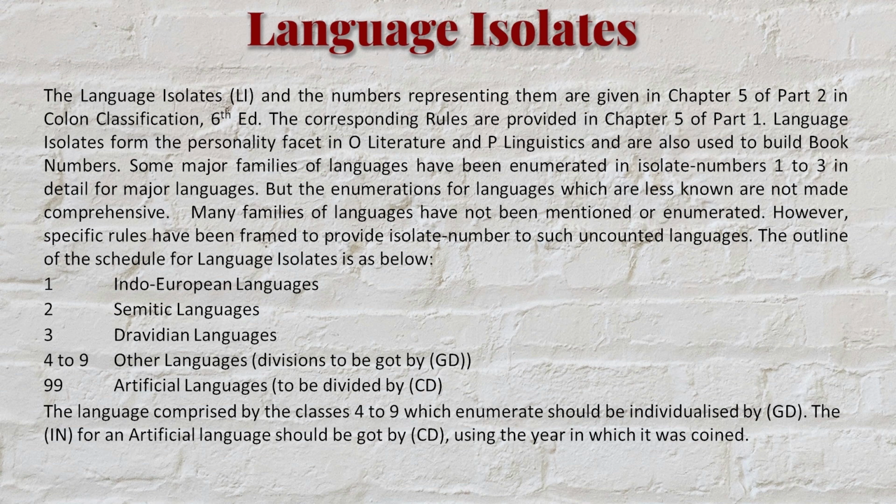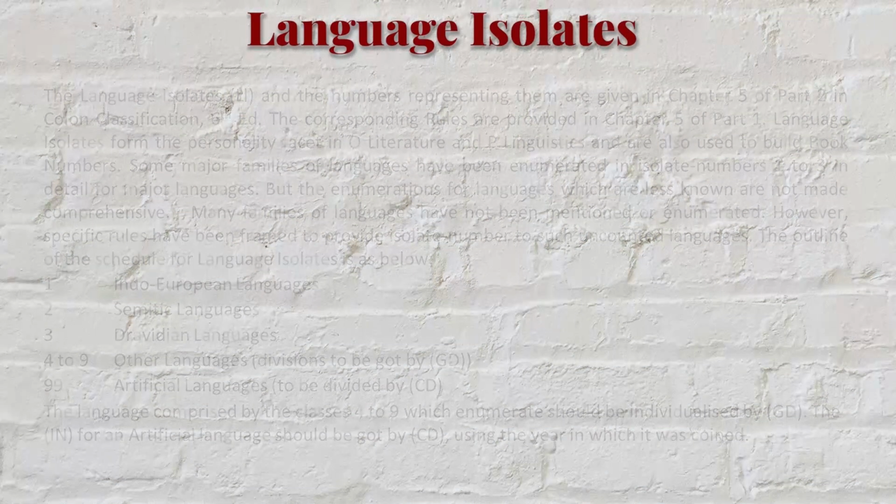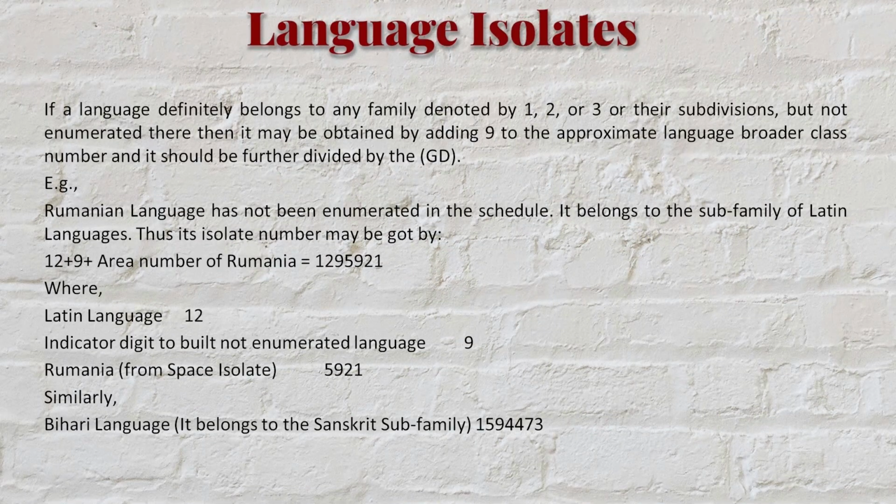If a language definitely belongs to any family denoted by 1, 2 or 3 or their subdivisions but is not enumerated there, then it may be obtained by adding 9 to the approximate broader class number, and it should be further divided by the geographical device.